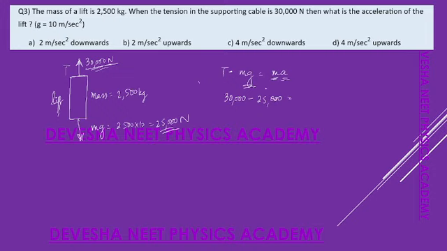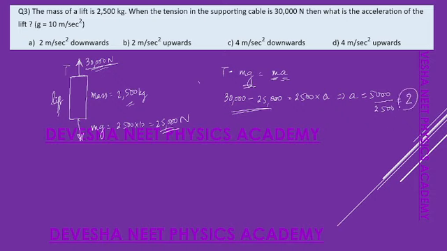The mass is 2500 kgs into the acceleration. So acceleration is 30,000 minus 25,000, which is 5,000, divided by 2,500. This is equal to 2.